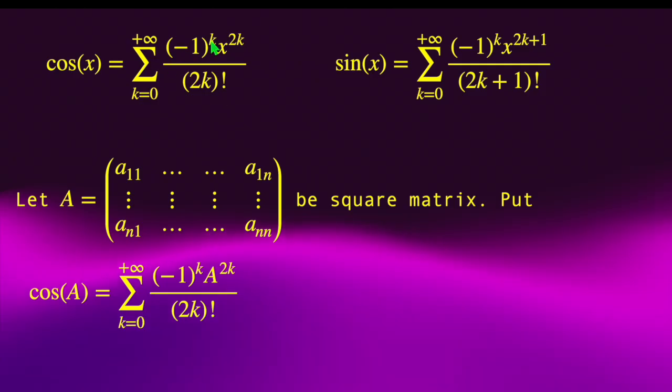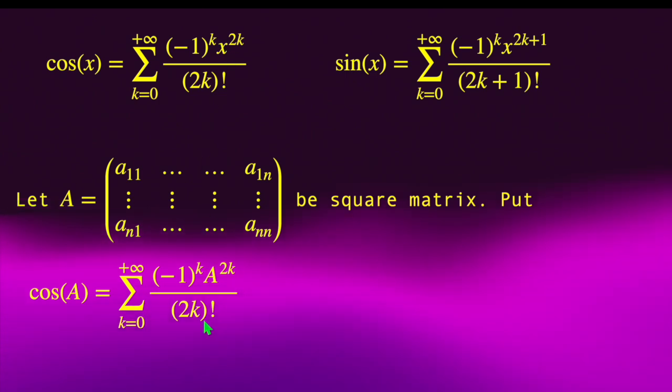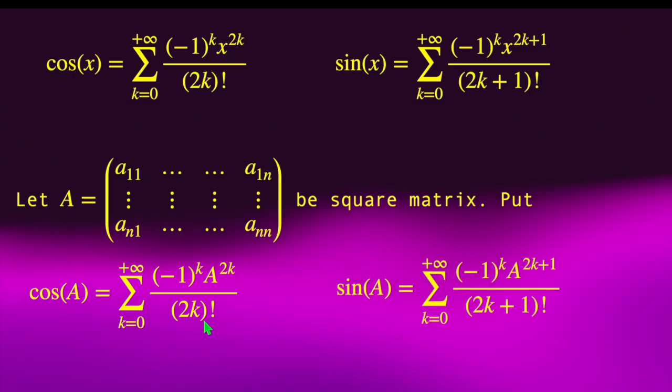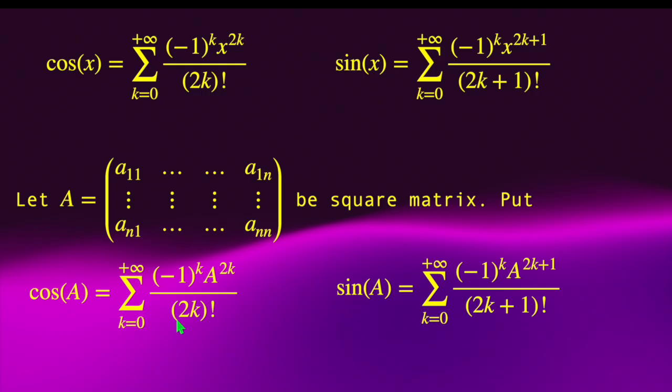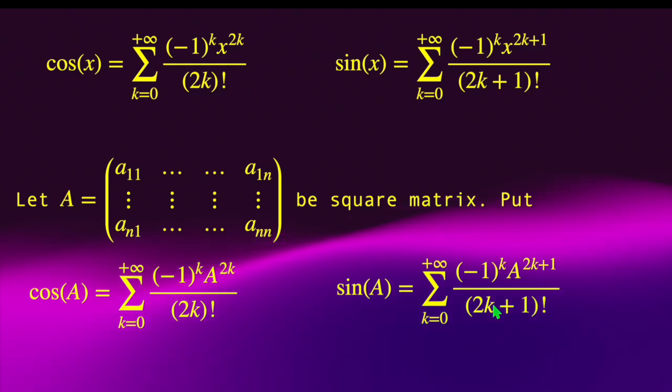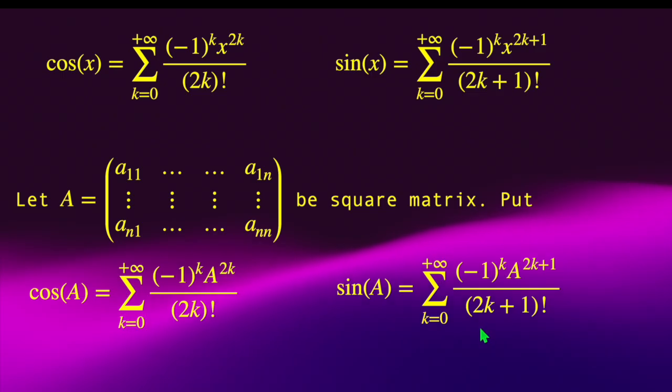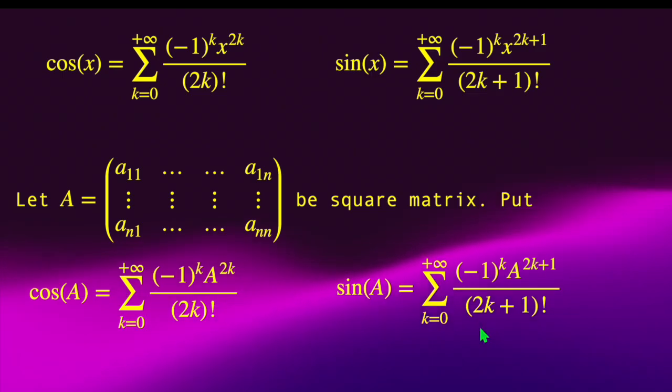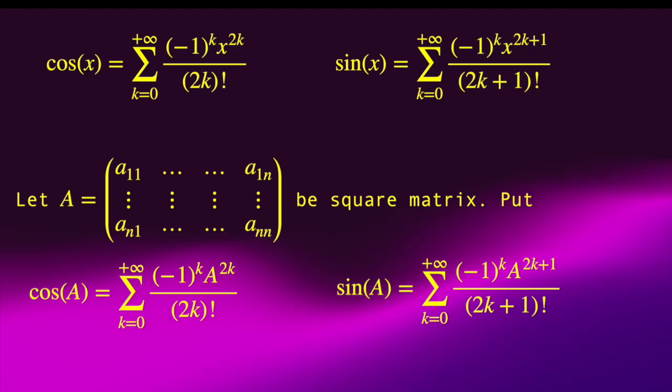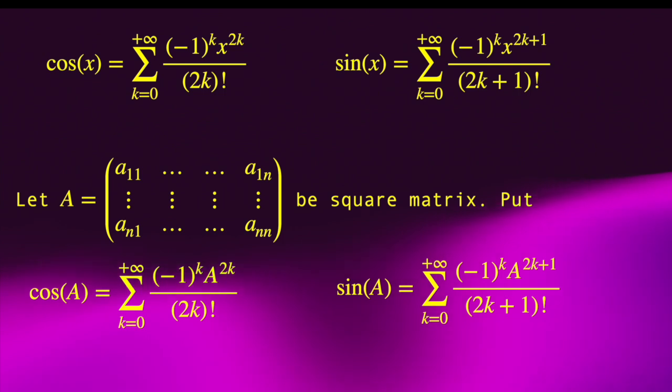What we have done is just replace x by A in this infinite series, and we do the same for sine. Now the question is to show that these two infinite series are actually convergent. It's not clear from the definition. So let's show that these two infinite series are actually convergent.